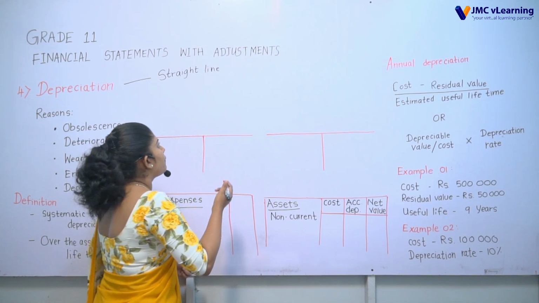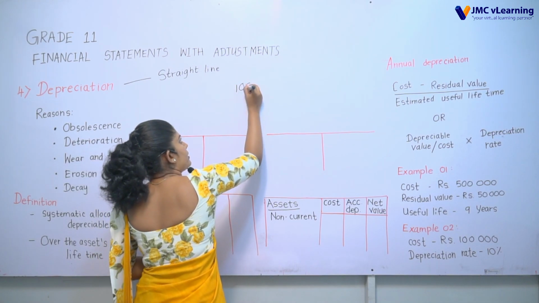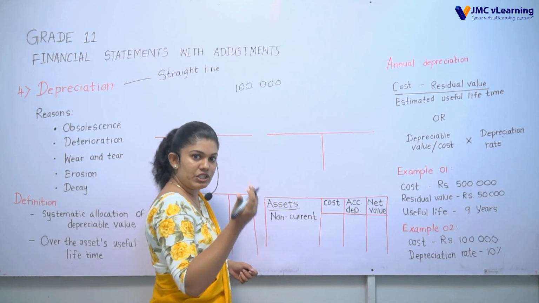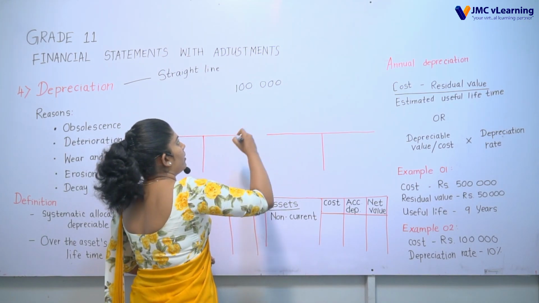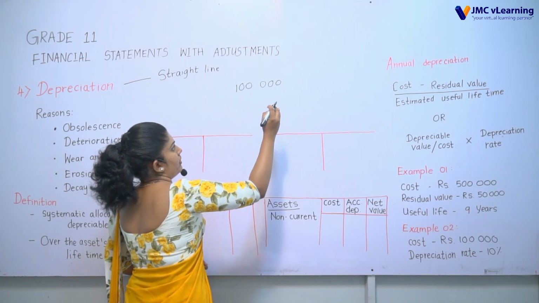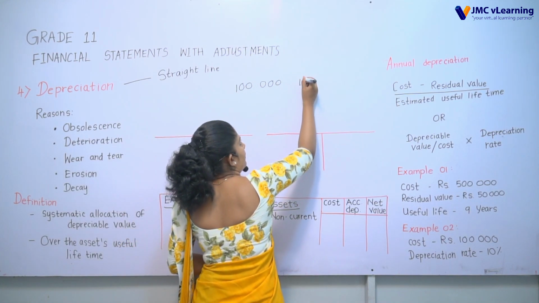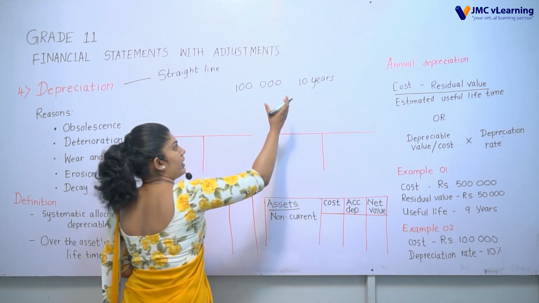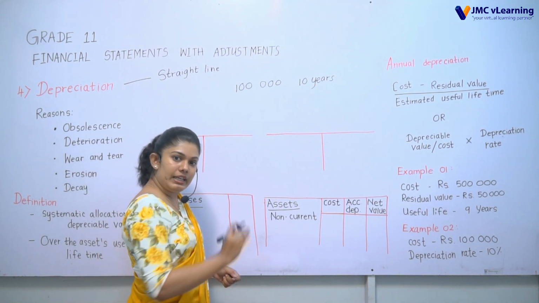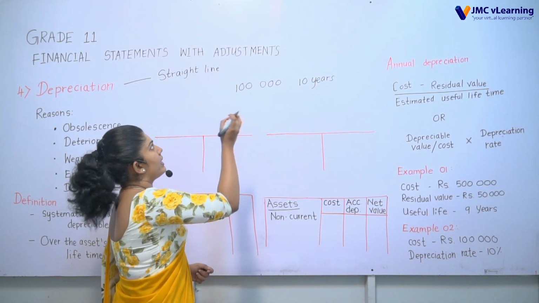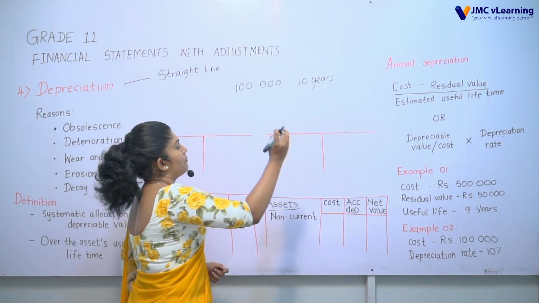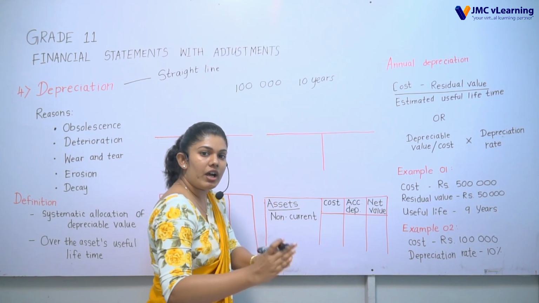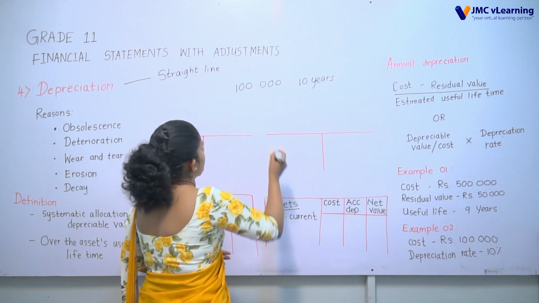That means if we have a machine worth 100,000 and the estimated useful lifetime is 10 years, then in the straight line method, we assume this 100,000 is similarly divided over these 10 years.